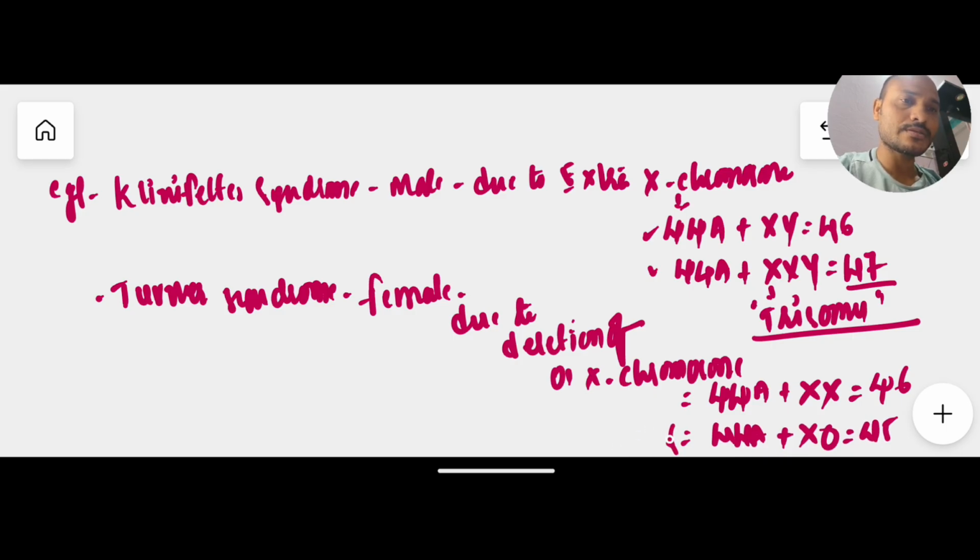This monosomic condition is known as Turner syndrome. It occurs in females, and it is also a congenital defect which comes right from birth. So these two are important examples of congenital defects.